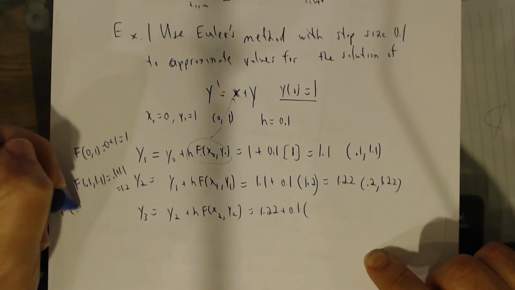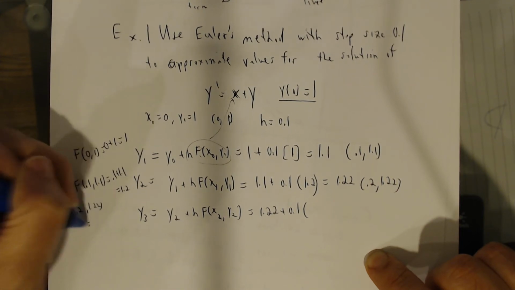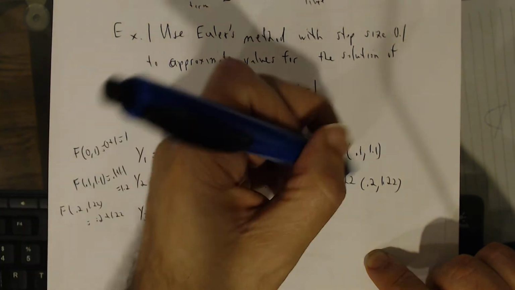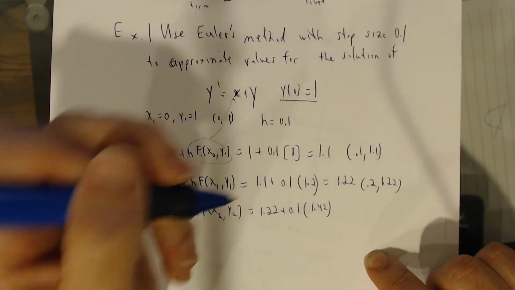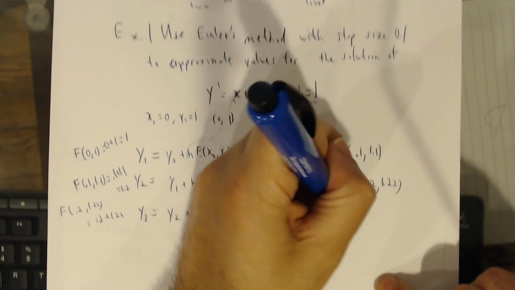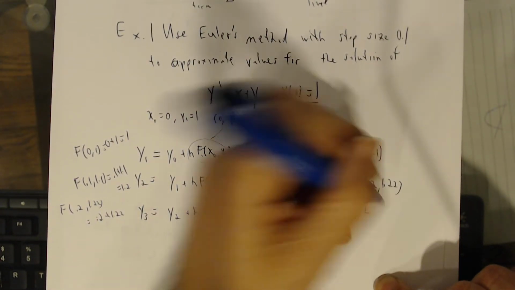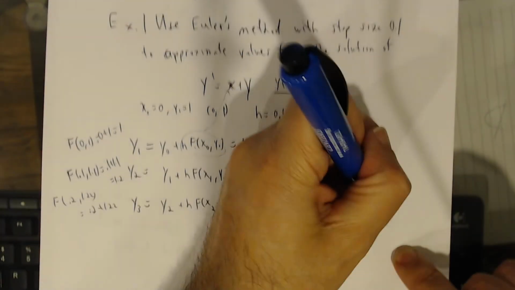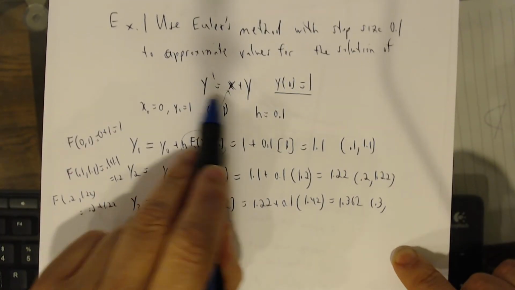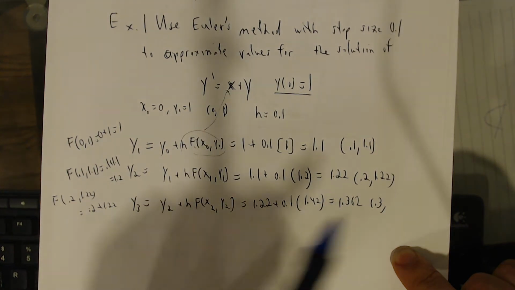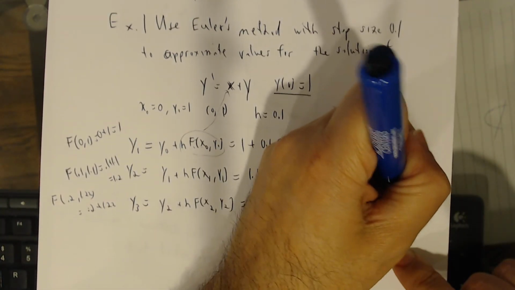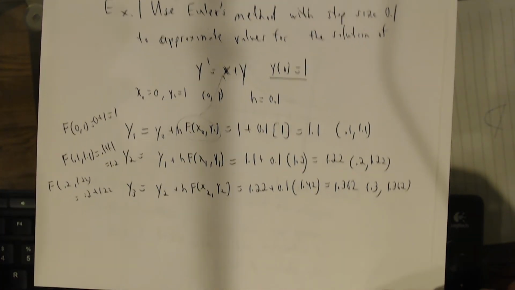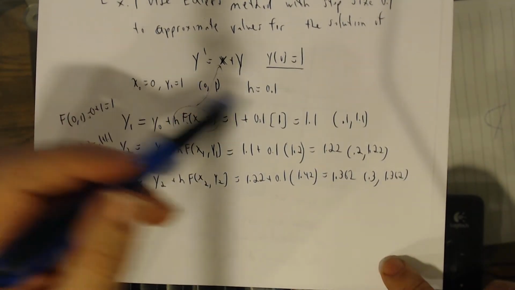F of 0.2 comma 1.22, which would be 0.2 plus 1.22, which is 1.42, and that ends up being 1.362. So in other words, we're approximating that when x is 0.3, y is about 1.362. Okay, and we'll stop there, and we could keep going forever, right? But remember, how do I get a better approximation?